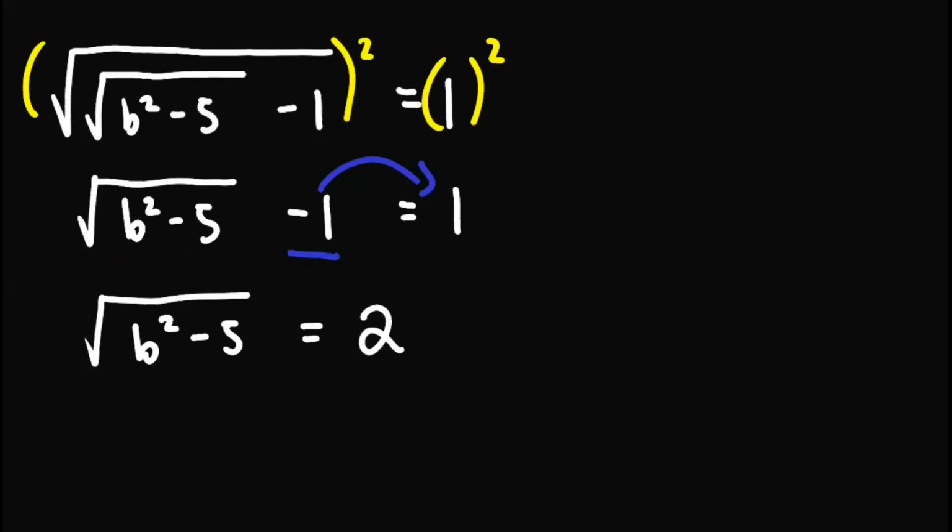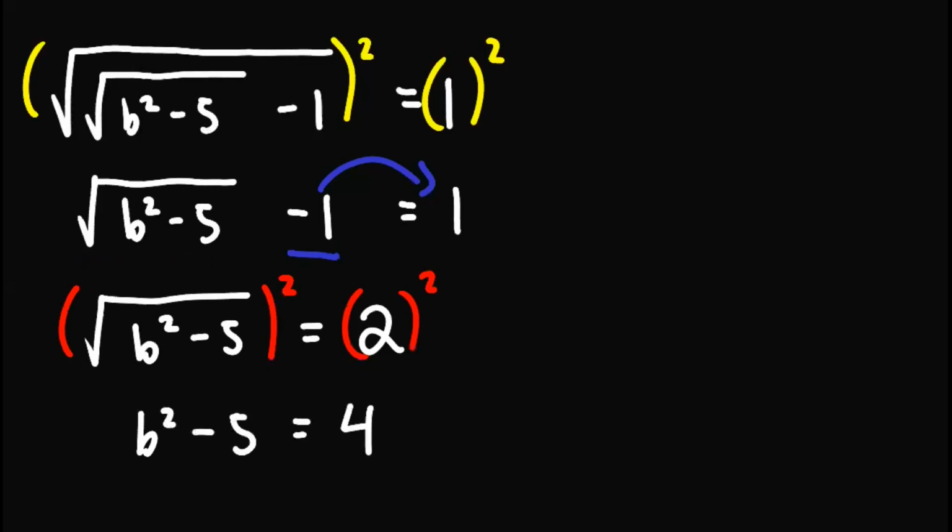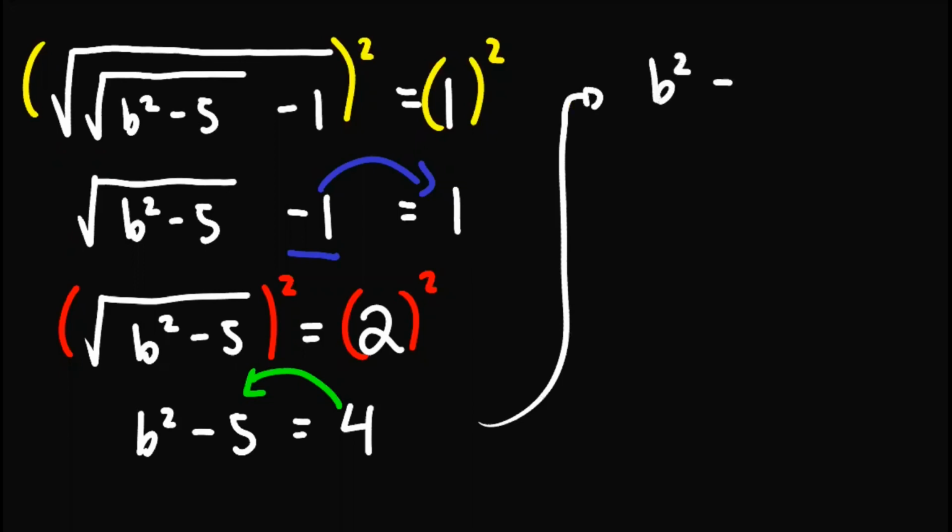And now, this is simply just like how we solved a while ago. So we simply square this one to obtain b squared minus 5 equals 2 squared, which is 4. Then moving this 4 to the left side, we'll have b squared minus 9 equals 0.